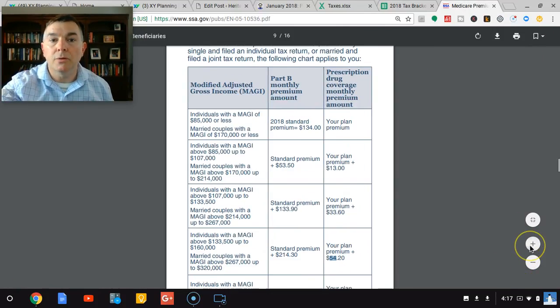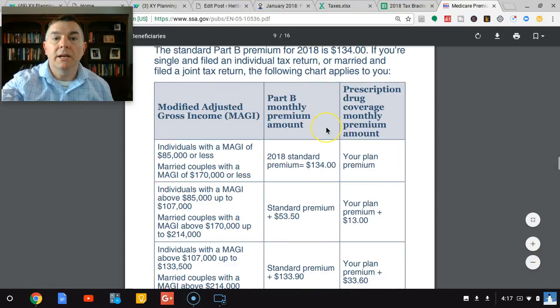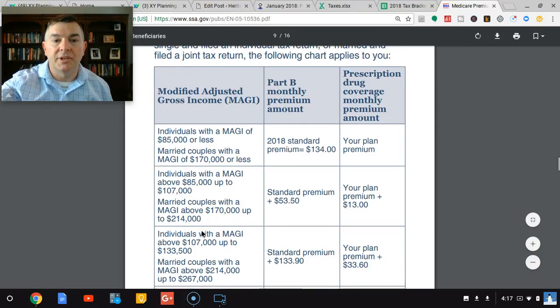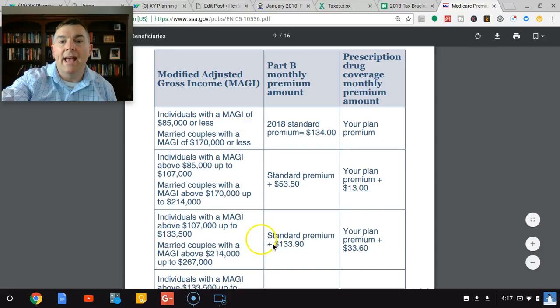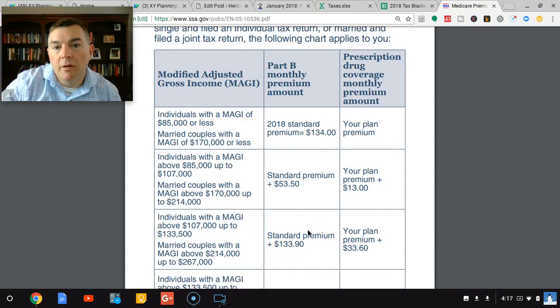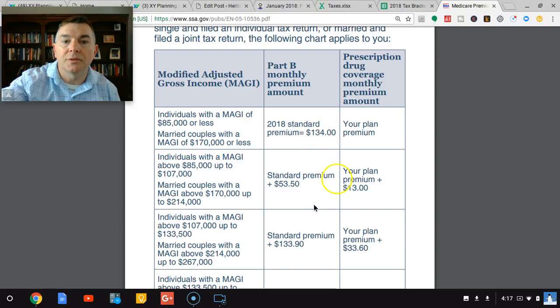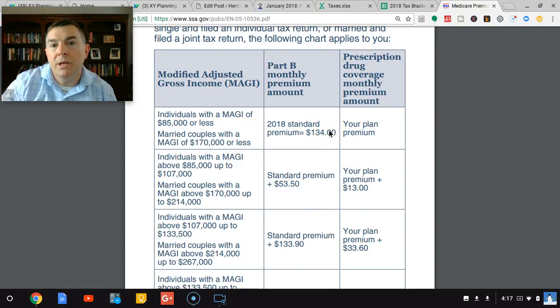Let's look at the Medicare chart. The Medicare chart shows a single taxpayer with modified adjusted gross income above $107,000 has a premium of $133 on top of the standard premium. So her standard premium for Medicare Part B is $134, and this basically doubles it, because it's 133.90.